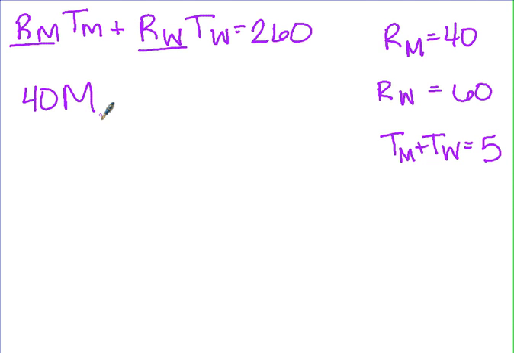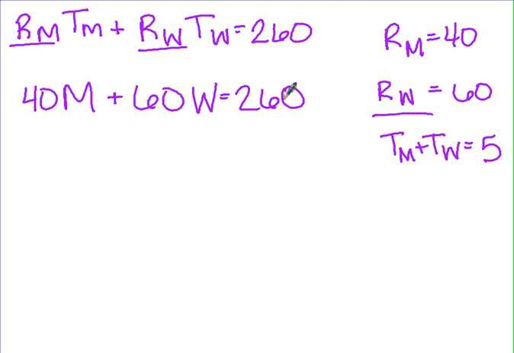So we have 40m plus 60w equals 260. So we've used substitution and substituted these quantities into this equation, and then we've used just w and just m as our variables. So there's one equation, 40m plus 60w equals 260.